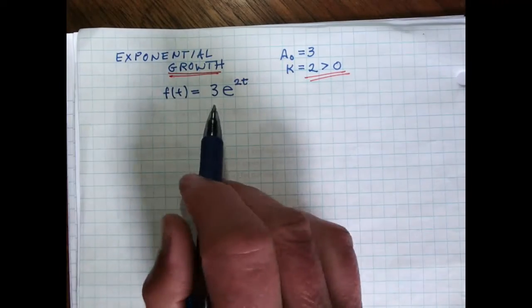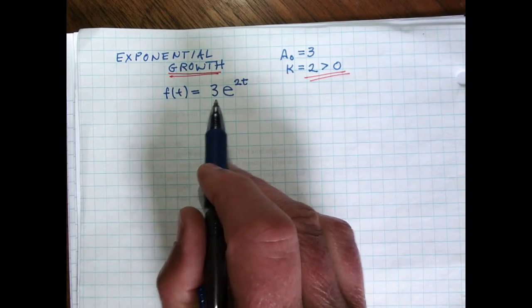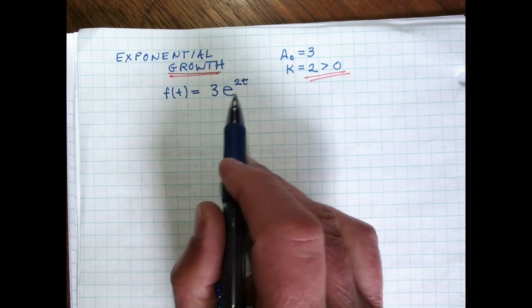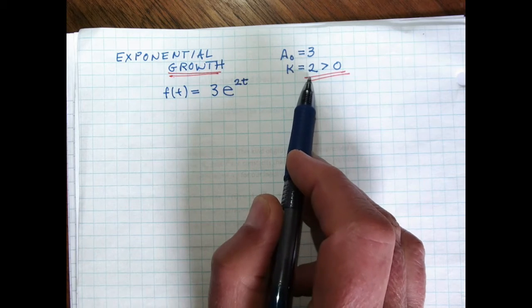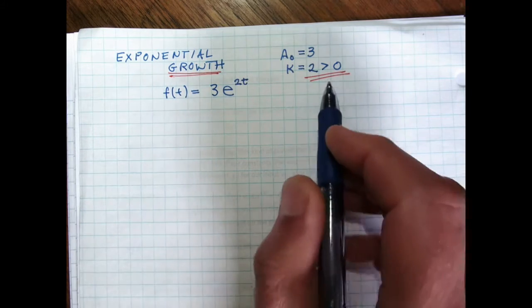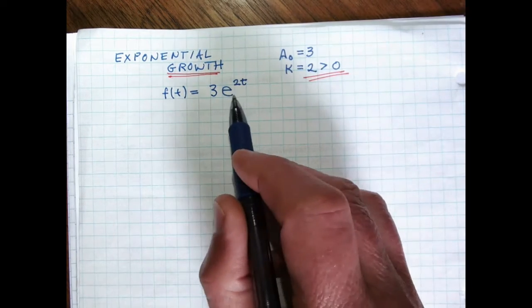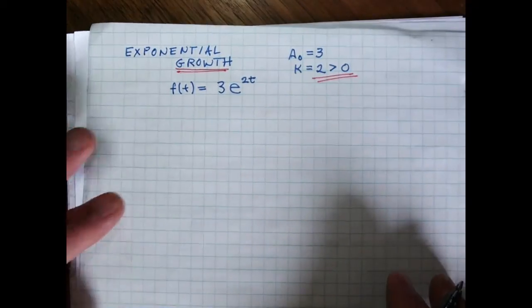So here's just an example of an exponential growth function. f(t) = 3e^(2t). So I picked a real simple a0 = 3, k is 2. k is positive, so because k is positive, we know this is exponential growth.